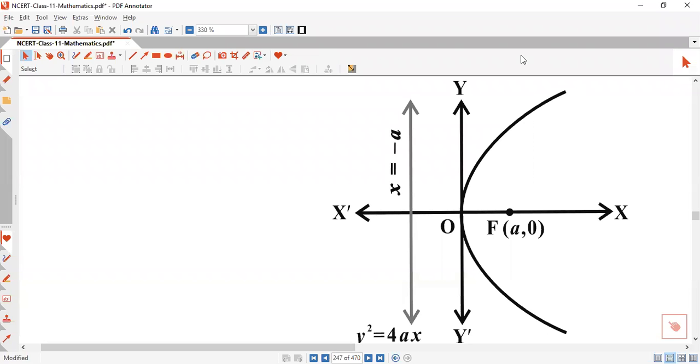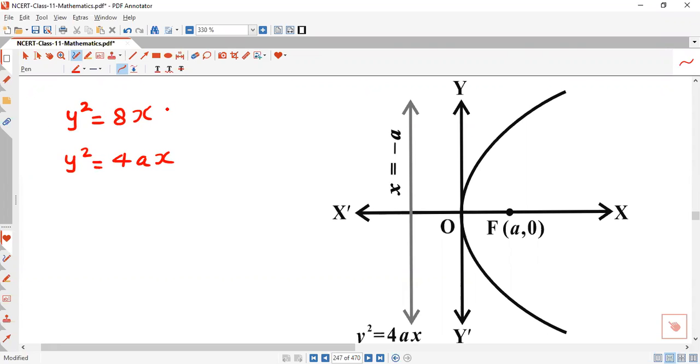Let's suppose you have a parabola whose equation is given as y square equal to 8x. Now I would like to find the focus. Compare with the standard equation y square equal to 4ax.